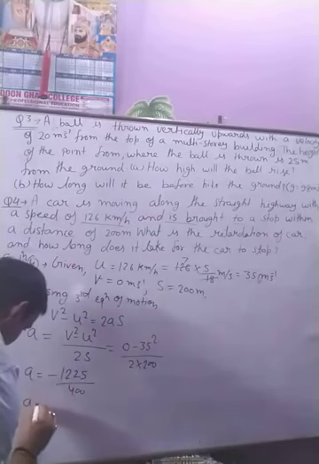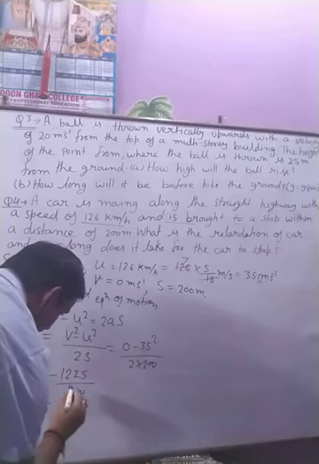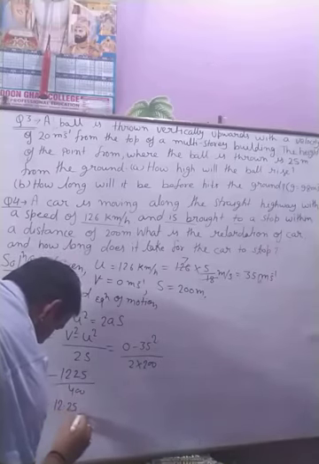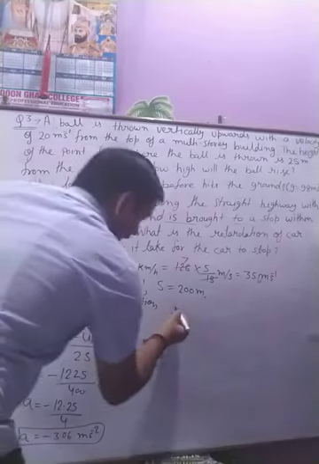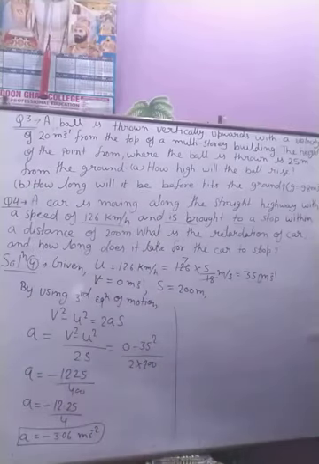This we calculate is minus 12.25 upon 4, which is a equal to minus 3.06 meter per second square approximately. ये आपका एक्सेलरेशन आ जाएगा.